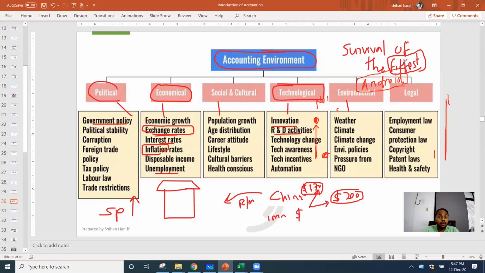Others will die. So that's the nature of these environmental factors, right? So we also need to adapt to new changes. Now a lot of advanced technology has been adopted in the educational industry as well, so you all can adapt to that. Okay, so let me give one example.